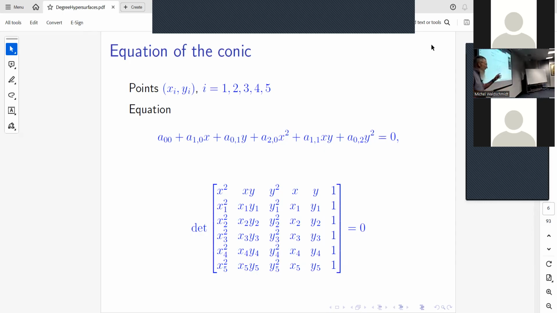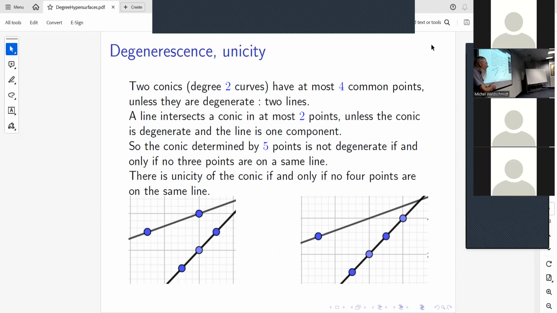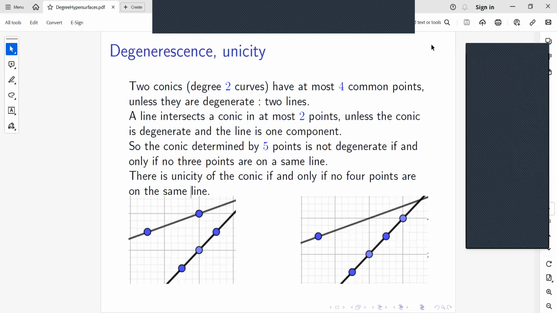Is the conic which passes through the 5 points unique? My answer, which I gave just before, is that this conic is unique unless 4 of the points are on one line, and the fifth one is here, and this line, you can choose it, and so here there is no uniqueness, and this is the only case where there is no uniqueness.